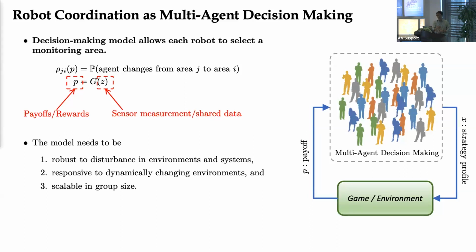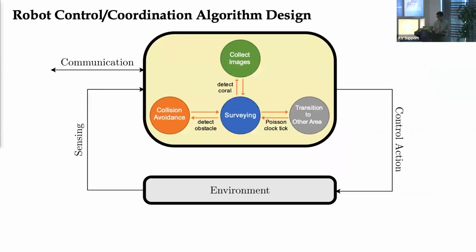But in order to compute this reward, we have to really think about what sensor data they're getting and how they are communicating with each other. And there is an underlying optimization problem we have to solve. But I will not go into any of the details, but I want to show you some computer simulations of how this approach would work if this were applied to the underwater robot project.